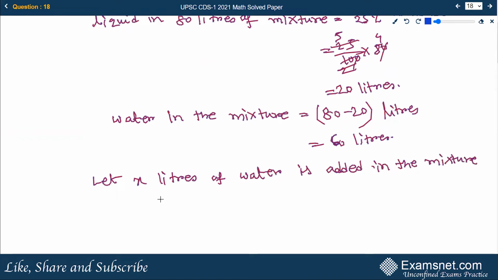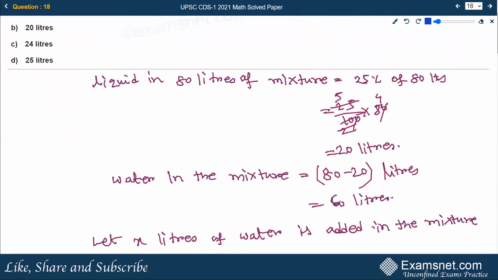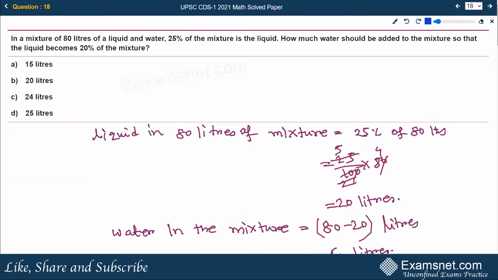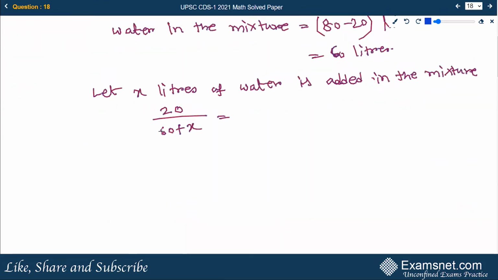So it will be like, liquid by mixture, 20 by 60 plus X, it will be 20%. Okay, it becomes 20% of the mixture, correct? So now 20% of the mixture, that means 20% of 80 plus X, because X liters of water is added.